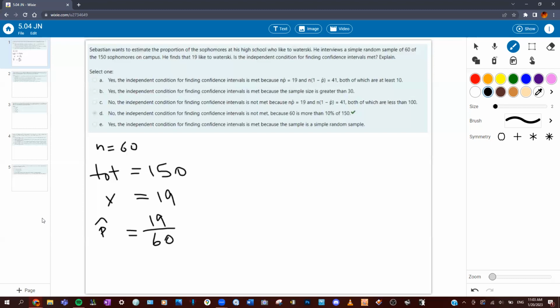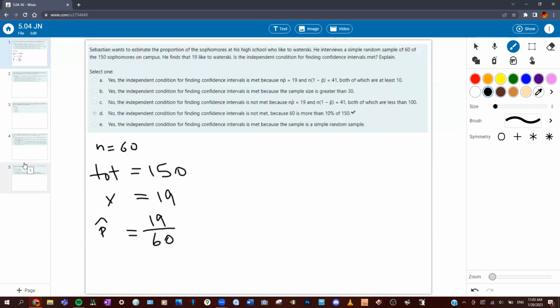But if we want to do this in the first place, there are some conditions that have to be met. You might think that A is true. Yes, n times p hat equals 19 and n times 1 minus p hat is 41, which are both at least 10, so that follows that rule.